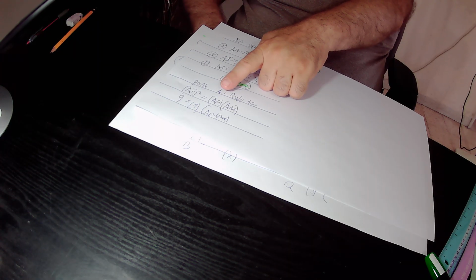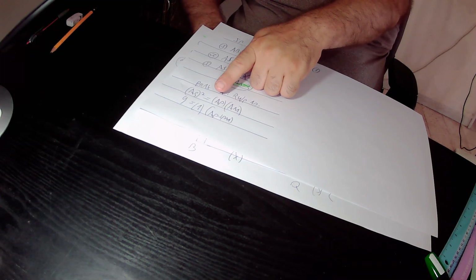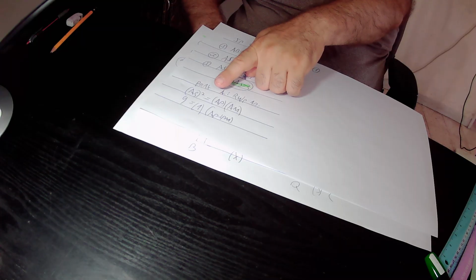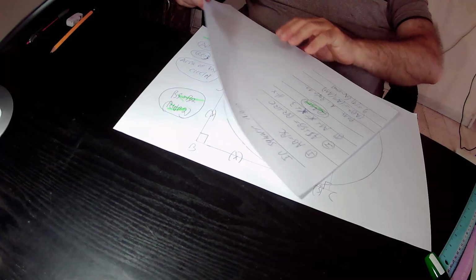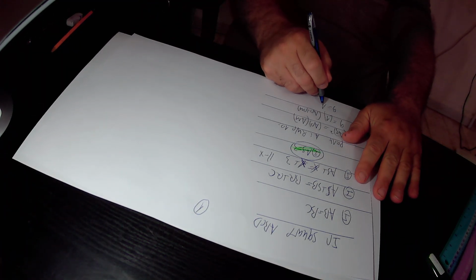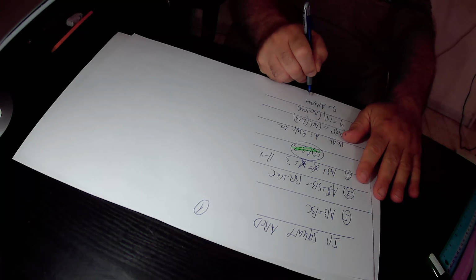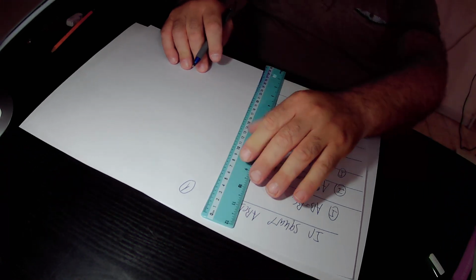Or if we open the brackets, you get 9 equals 1 times AP plus 1 times PM. So in total, 9 equals AP plus PM.